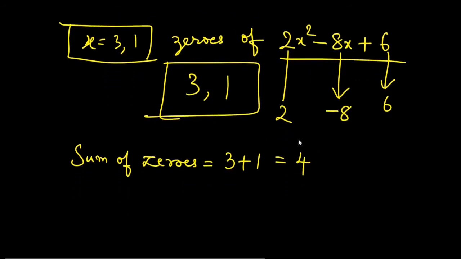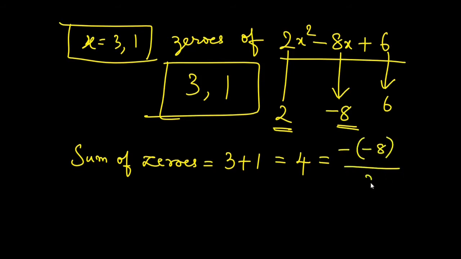How can we get 4 from these coefficients? From these coefficients, we have minus 8 and 2. 8 by 2 is 4. So the sum of zeros can be written as minus of minus 8 by 2.